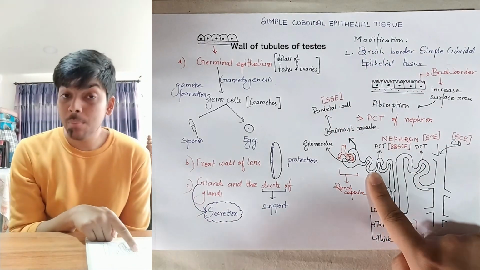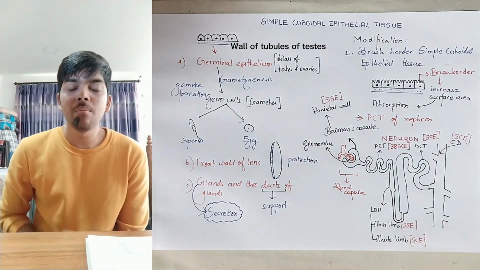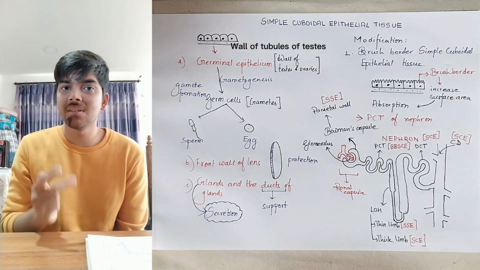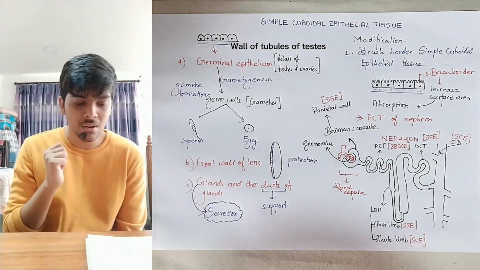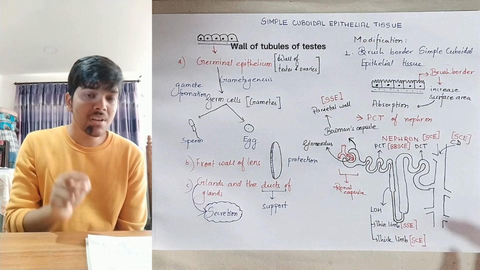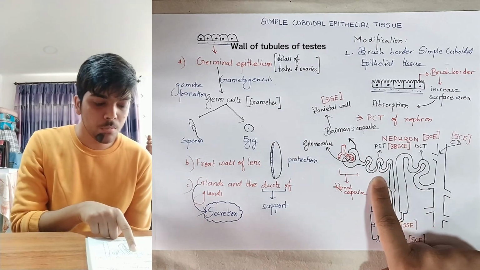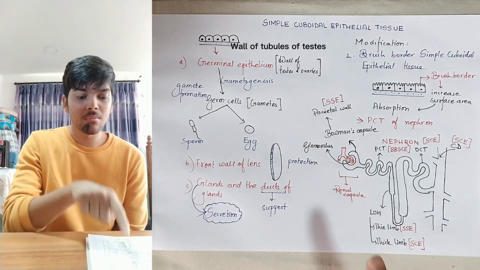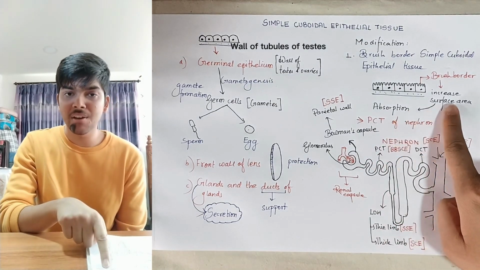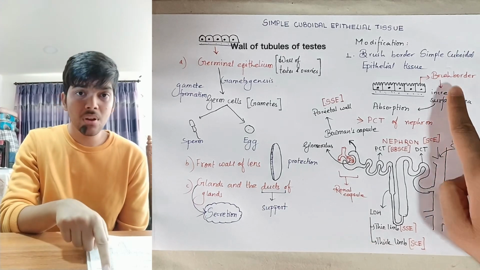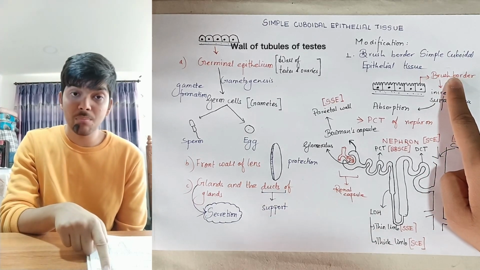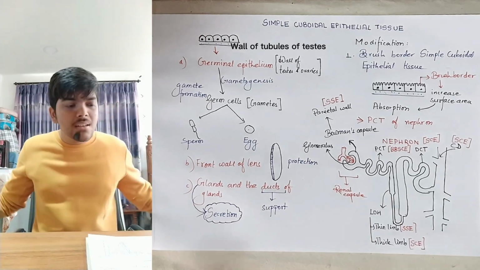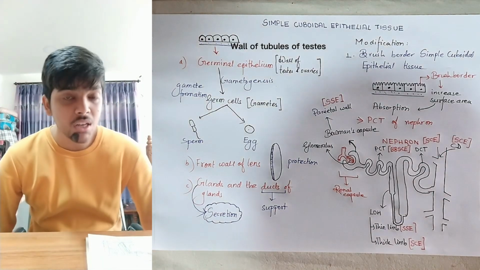This is also easy to remember because in urine formation, you will come to know that during reabsorption, which is the second process of urine formation, maximum reabsorption takes place through the proximal convoluted tubule. And for better absorption, surface area needs to be more, which is found in broad border epithelium. That's why that particular modification is found in the proximal convoluted tubule. And that marks the end of simple cuboidal epithelial tissue.